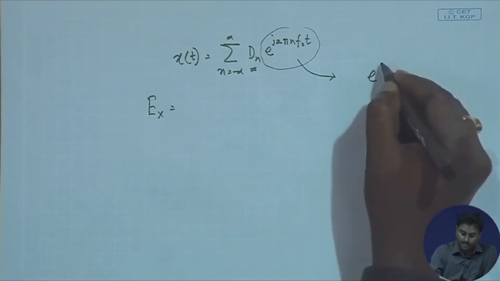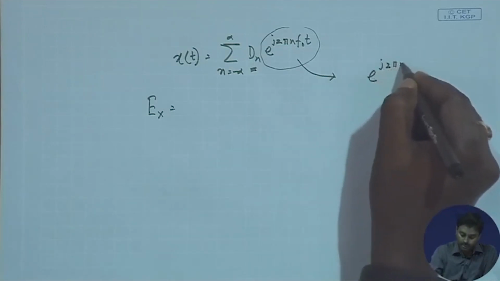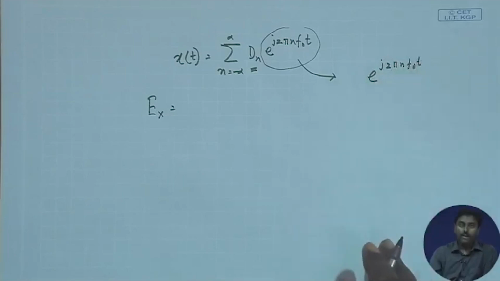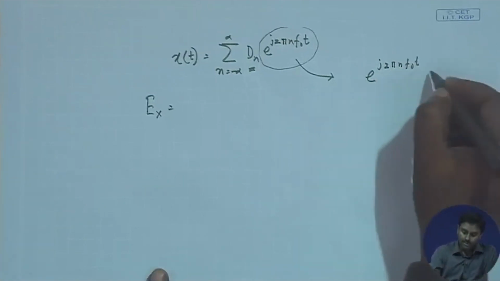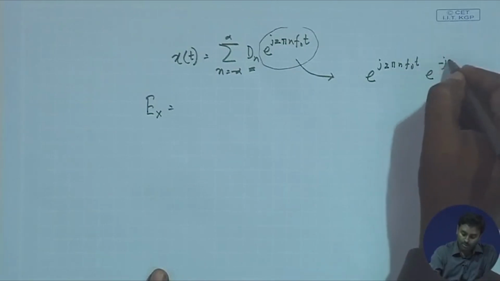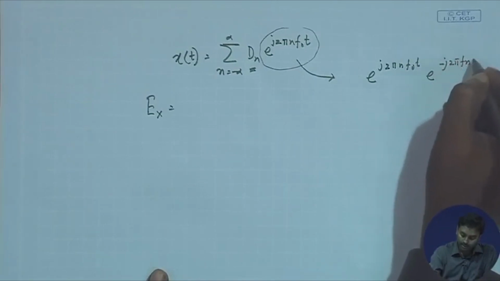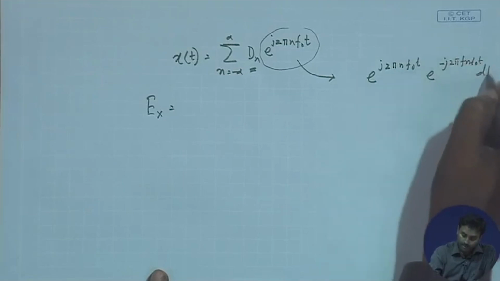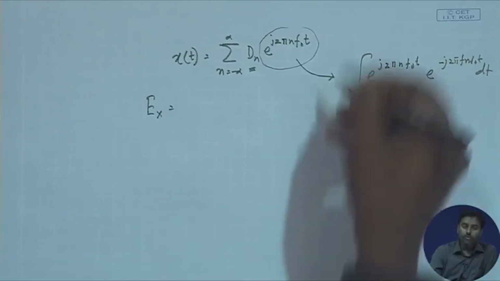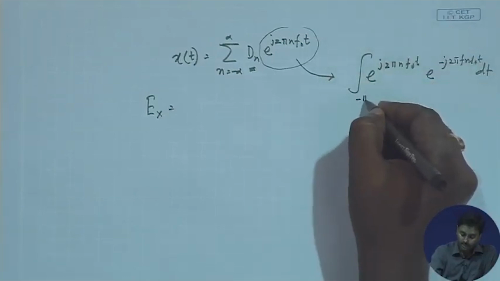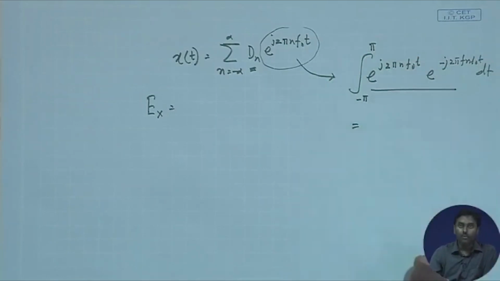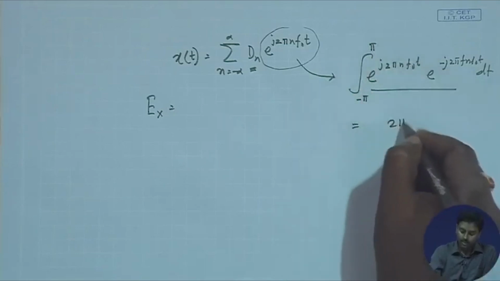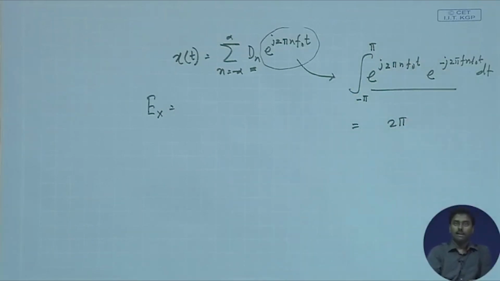So, if I just take e to the power j 2 pi n f0 t and I wish to evaluate its energy, what I have to do? I have to take this signal, do a complex conjugate, e to the power minus j 2 pi n f0 t, dt, integrate over a period, let us say minus pi to pi. If I just do this, this will give me 2 pi. So, this is what I get immediately.